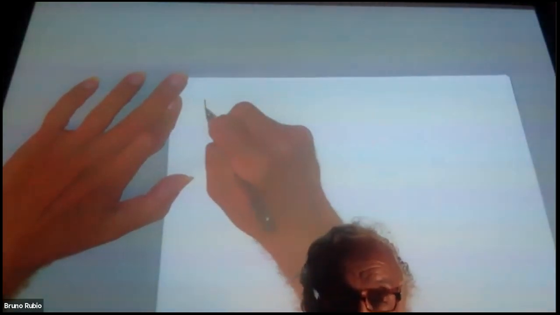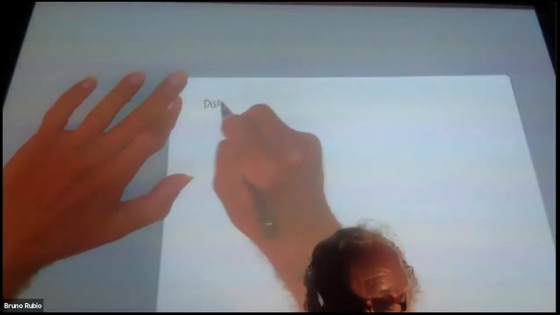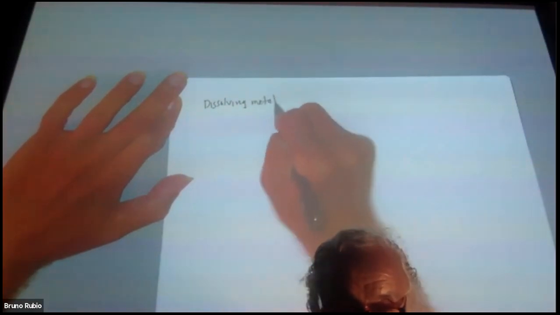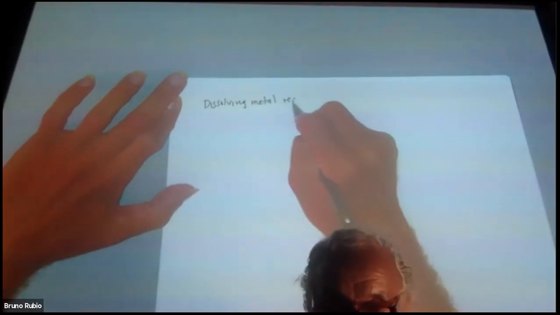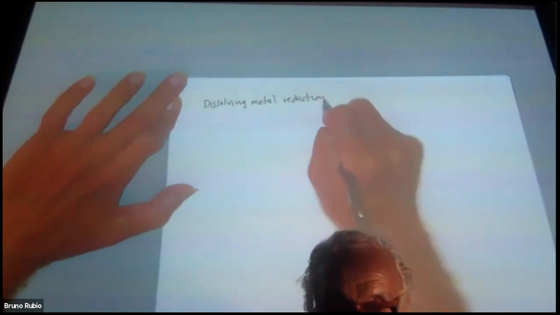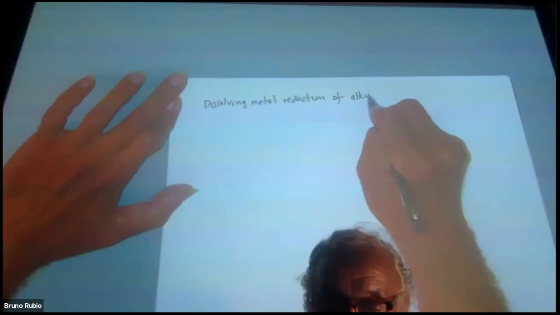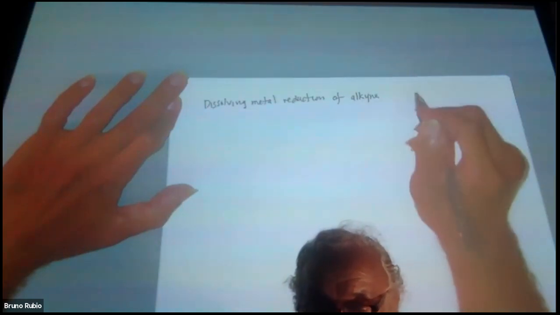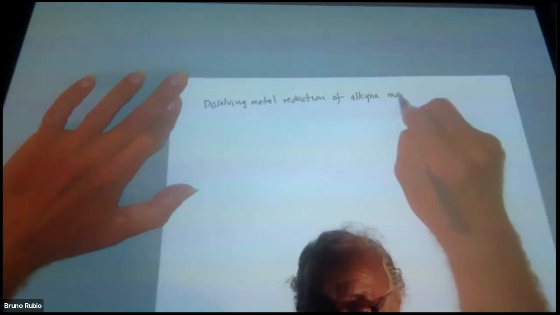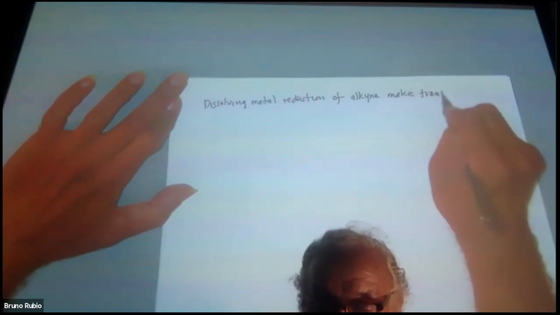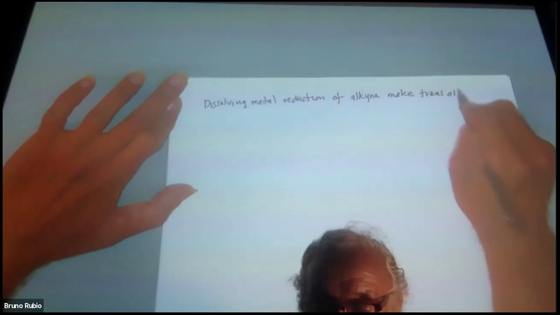And indeed, there is a way, and that is the dissolving metal reduction. Dissolving metal reductions of the alkyne make trans alkenes.